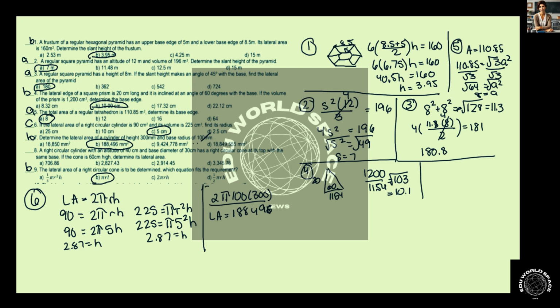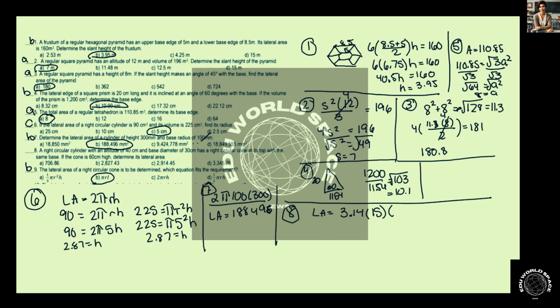And last but not least, number 8. It was a right circular cylinder with an altitude of 40 centimeters and a base diameter of 30 centimeters, which has a right circular cone on the top of the base. If the cone is 60 centimeters high, determine its lateral area. So the lateral area equals 3.14 times 15, the radius if the diameter is 30.